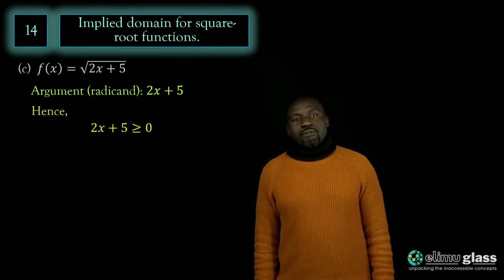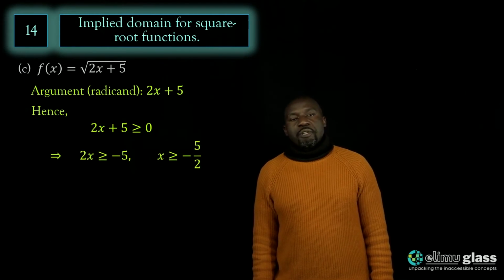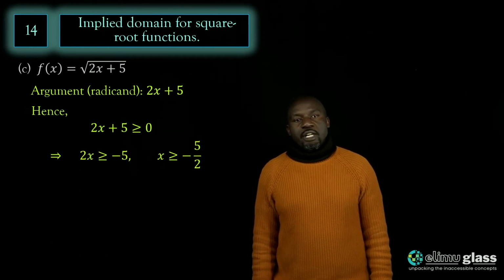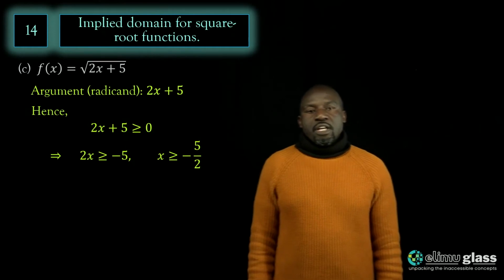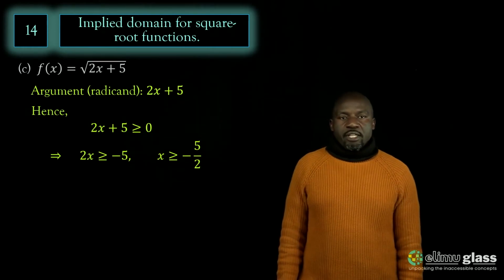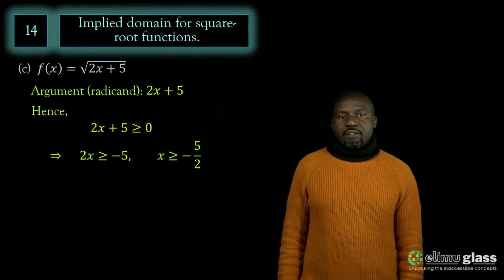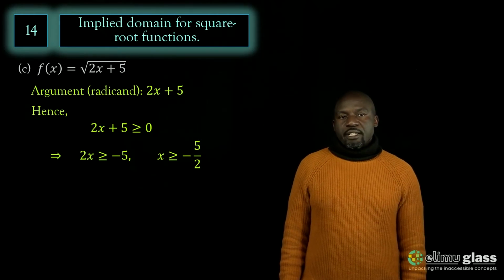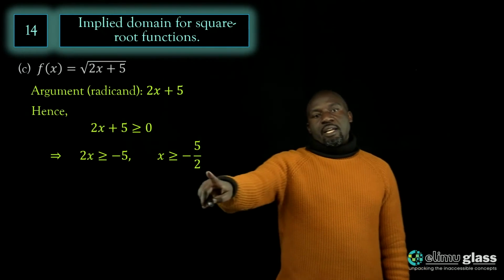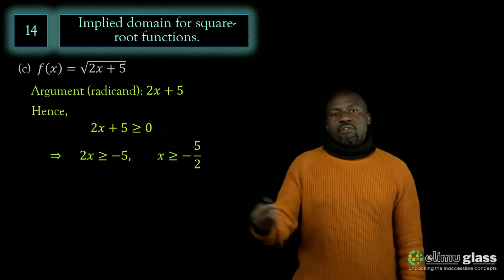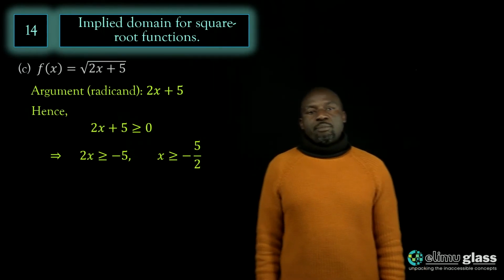When you rearrange that, 2x must be greater than or equal to negative 5, and so divide both sides by 2. x must be greater than or equal to negative 5 over 2, which is negative 2.5. So that there is really our domain, but of course we want to write it in set builder notation.